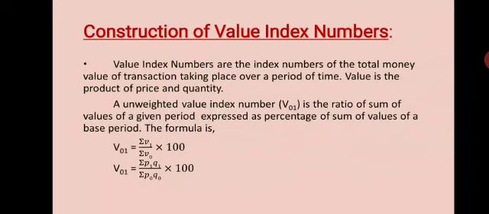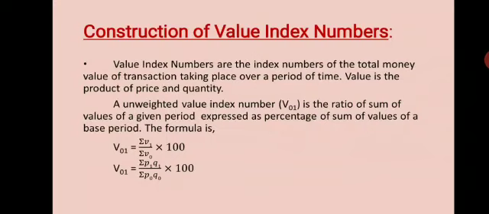An unweighted value index number V01 is the ratio of sum of values of a given period expressed as a percentage of sum of values of a base period.